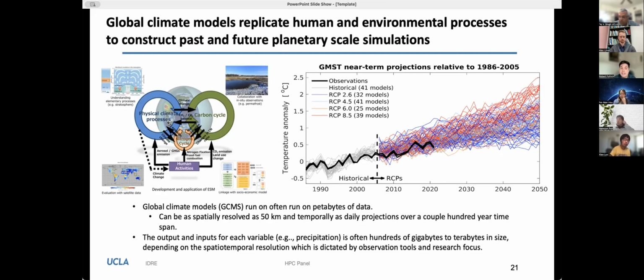And the models basically take all this information and make projections. That's what you see on the left. And what you're seeing on the right are different outputs of these data. And every single one of these outputs, so one line of data, depending on the temporal and spatial resolution, can be a few terabytes in size. And you can go to the next slide.